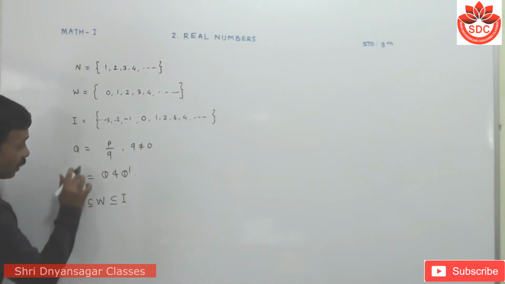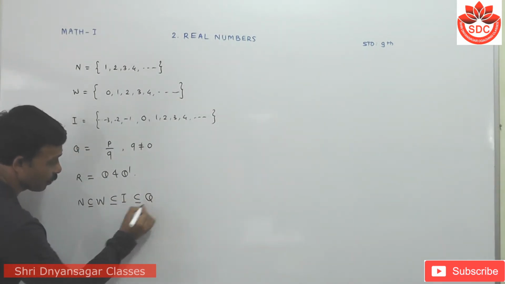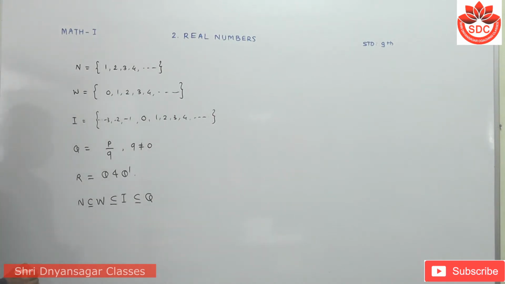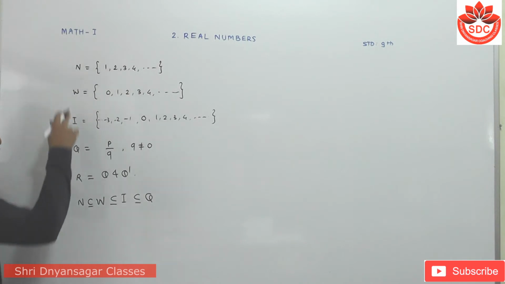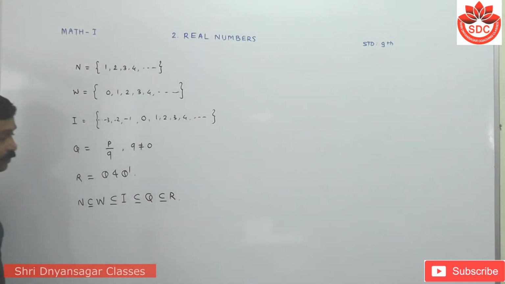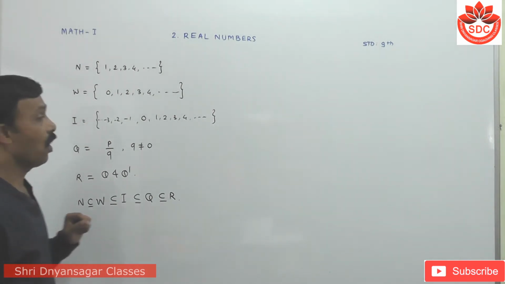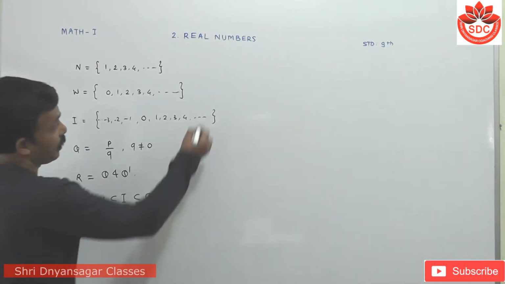Then integers are also a subset of Q, the rational numbers. And students, all these sets are also subsets of R. Can you understand this?